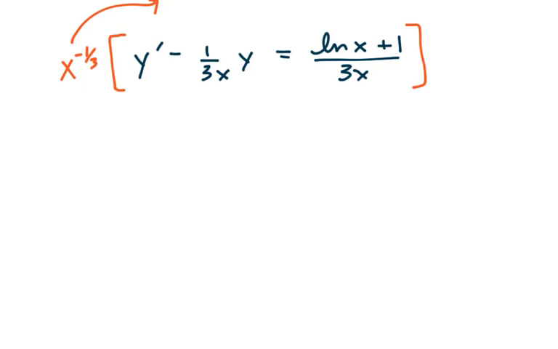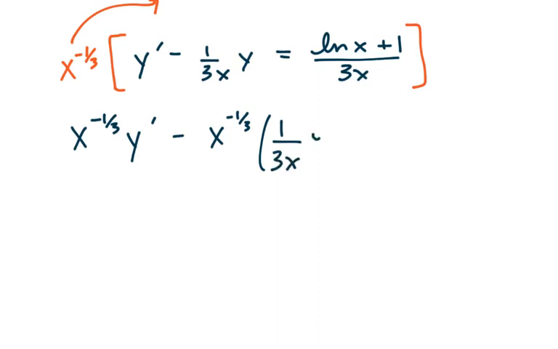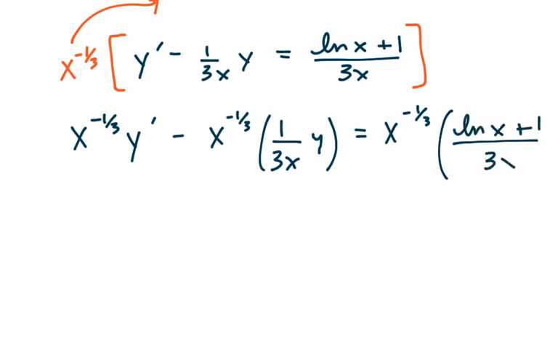So what this gives me is x to the negative 1/3 y prime minus x to the negative 1/3 times 1 over 3x y equals x to the negative 1/3 times ln of x plus 1 over 3x.